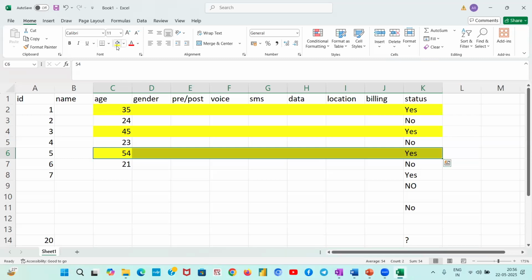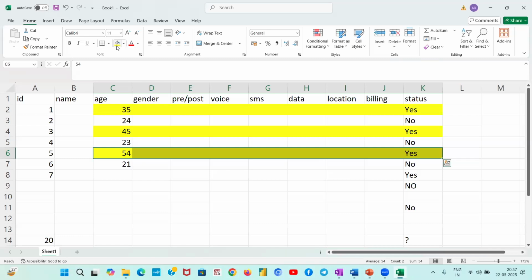Are prepaid customers leaving more, or postpaid customers? Which location people are highly leaving the services? What kind of billing people are leaving? Are internet usage people leaving more, or voice usage people? Are male people leaving more, or female people?